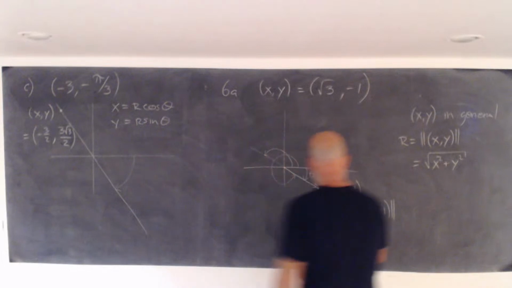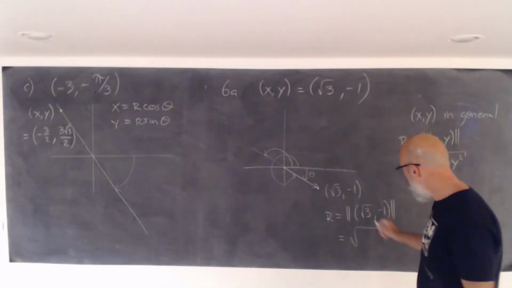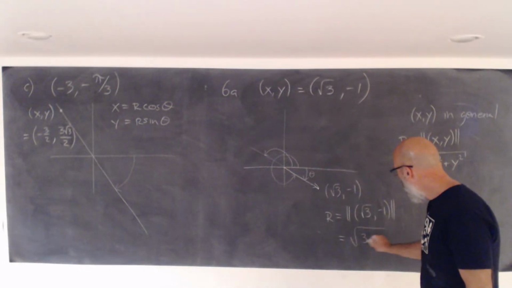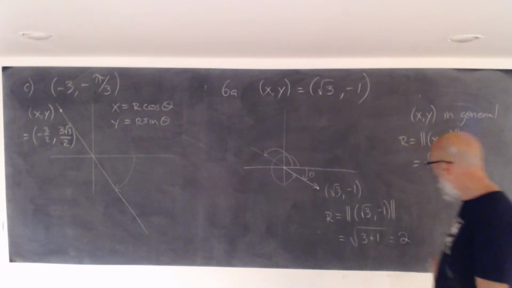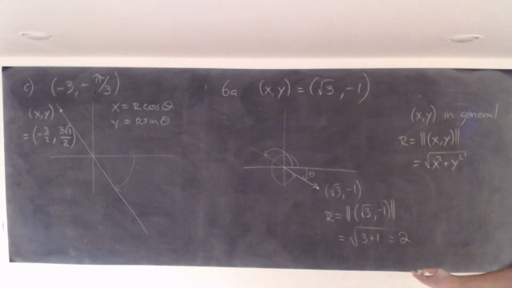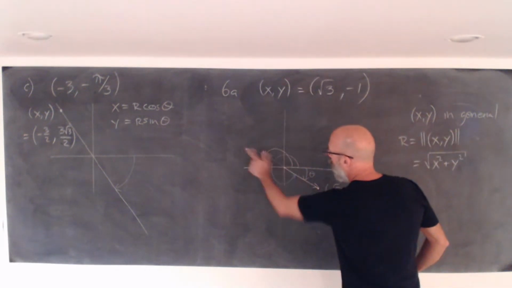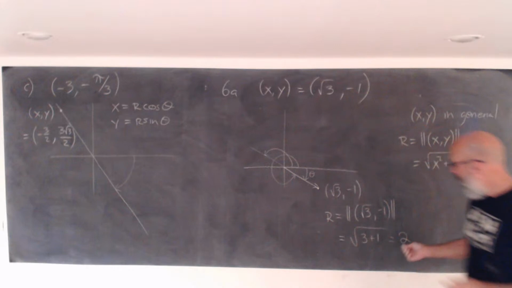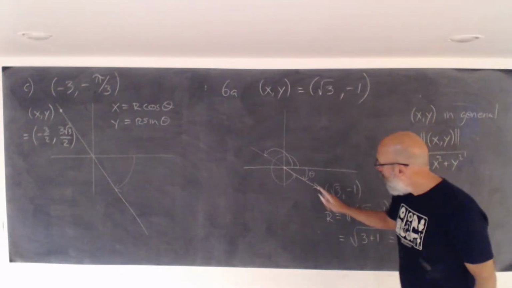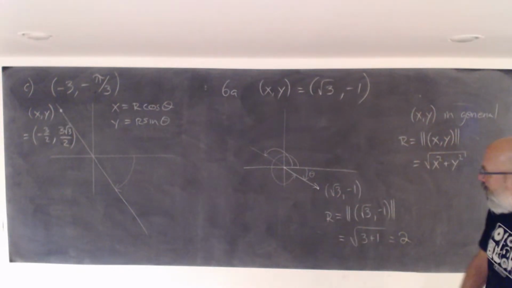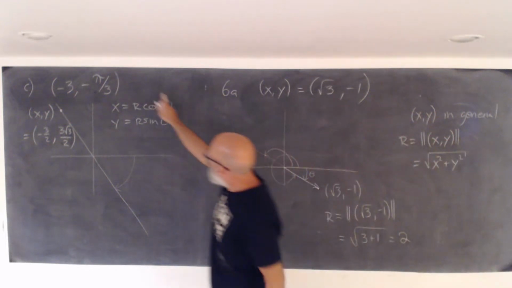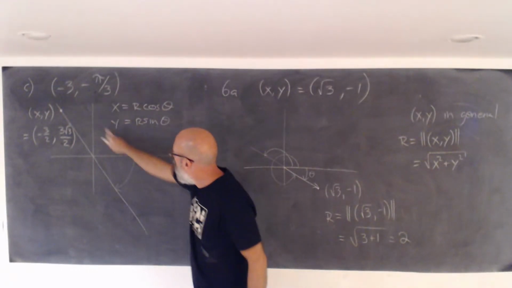So here, this is the square root of 3 plus 1. So it could have been plus or minus 2, depending on which ray you take, but let's go with the positive. So r is 2.